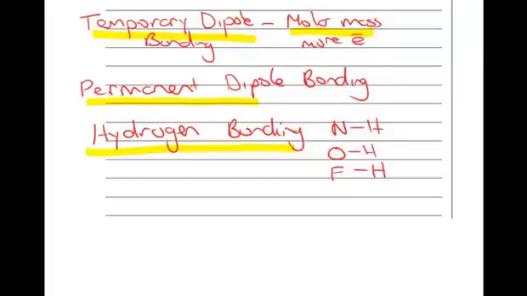And when we look at the overall strength of the bonding in a molecule, we need to look at all three. If a molecule has a permanent dipole, that means not only does it have this permanent dipole, but it also has temporary dipole bonding, as all molecules will have that.